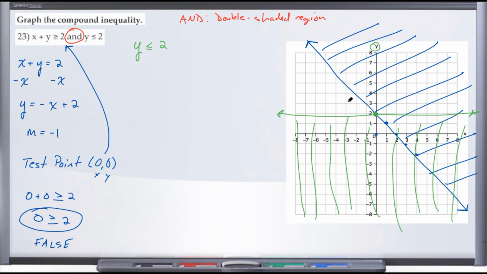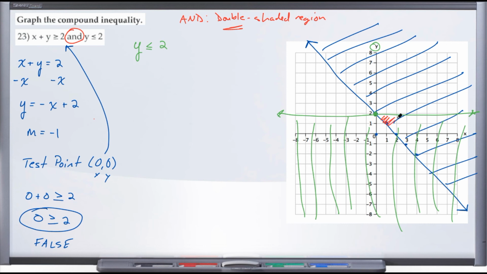All right, and what does double shaded mean? Well, let's take a look at our graph here, and here I can see that I only have blue, right? Down here I only have green. I don't have anything here, but right here, this little triangle here, I have both blue and green, and that's what we consider the double shaded region.